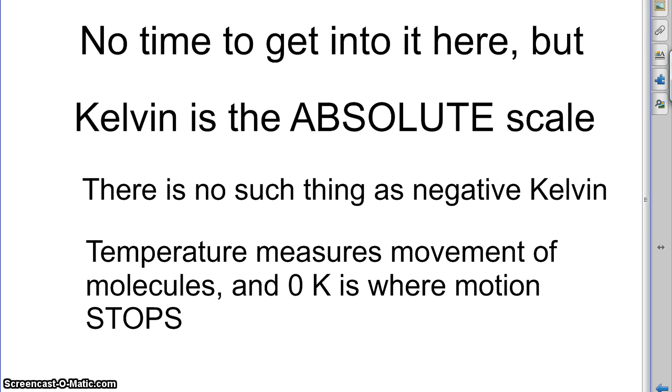That mathematically doesn't work. So the other scales are arbitrary scales based on nothings. Well, they're based on something, but they're not based on actual absolute values. So Kelvin is the best scale, works the best. It's not really intuitive because you haven't used it a lot, but it's a good scale for finding relationships.